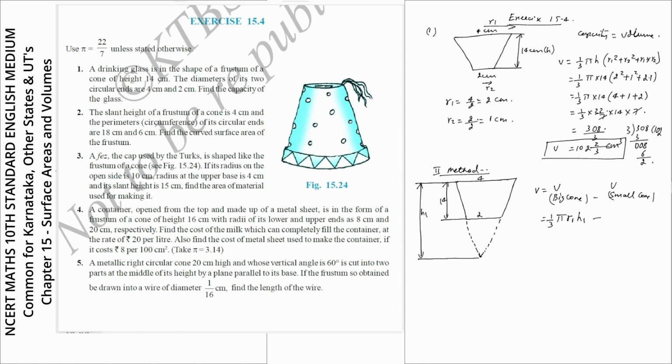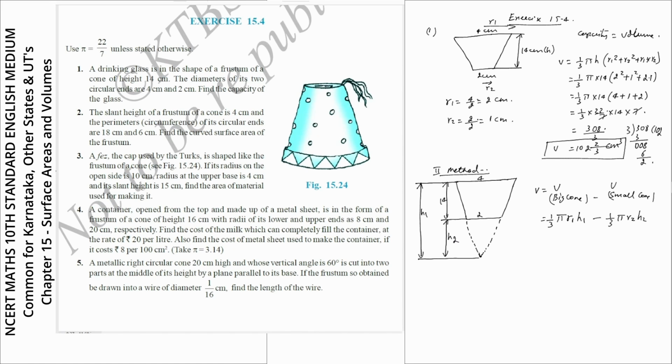And minus what is the volume of small cone? Small cone is given by 1 by 3 pi into r2, where r2 is the radius of the small cone and h2 is the height of the small cone. So this is the h2. So now I should find r1 and h1 and h2, r2 is already known.